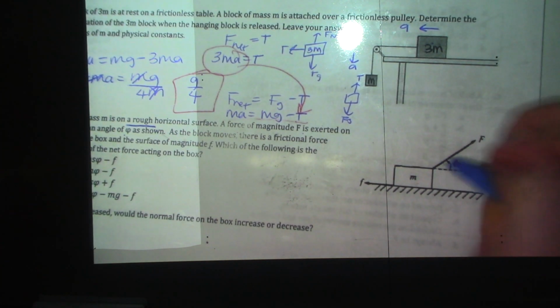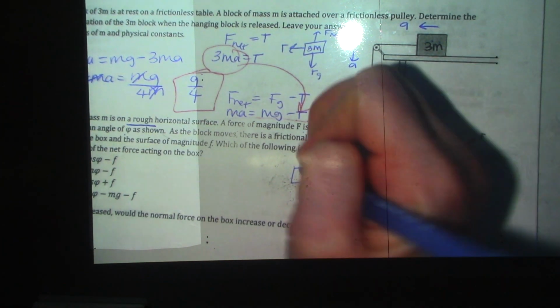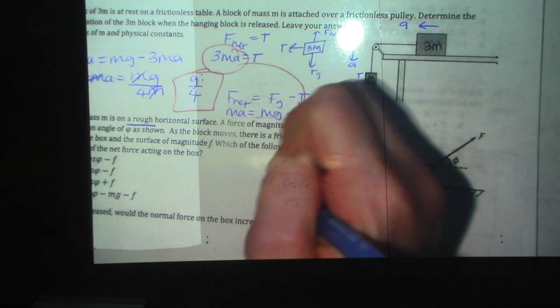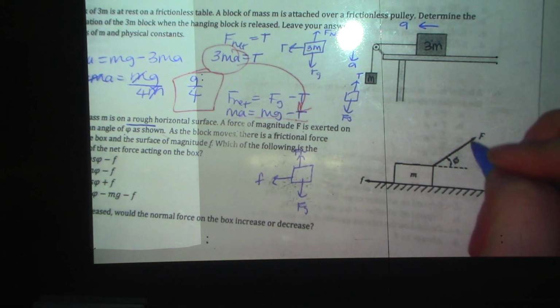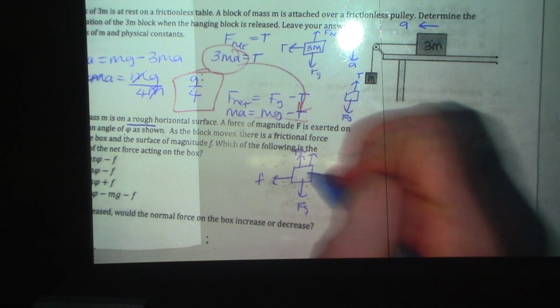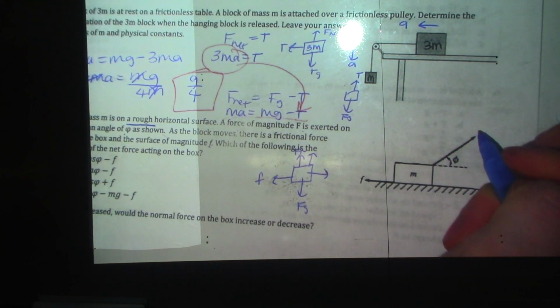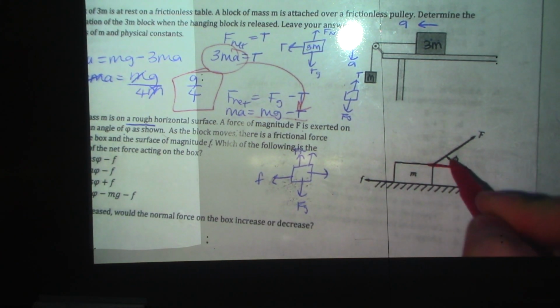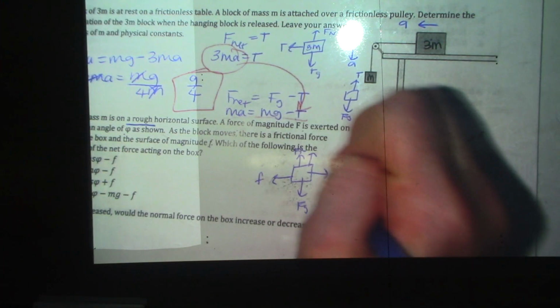So first let's draw our free body diagram. We've got normal, we've got gravity, we've got this frictional force f, and then I'm going to go ahead and break this down. I know that this F is pointing both up and to the right. First let's do the one to the right. That would be adjacent to the angle, so that would be F cosine.